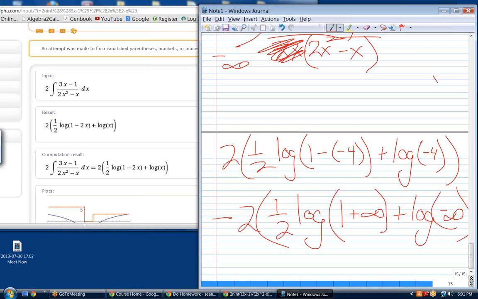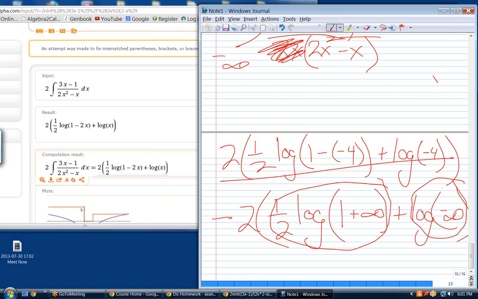Can we figure out if this thing diverges anyway? In other words, I think it does. Whatever that is, this right here goes to infinity. And this is a complex number. I think it's going to be infinity. So we have a complex number up here also.